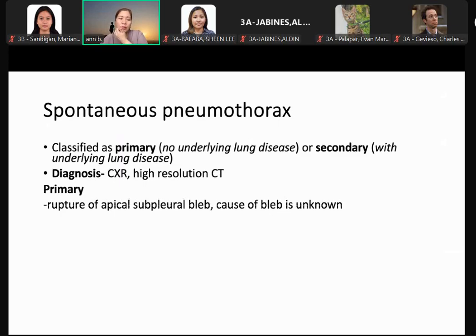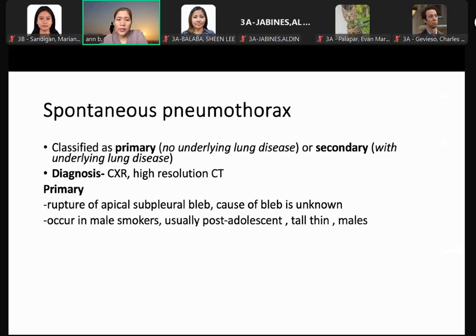So primary, this is caused by the rupture of an apical or subpleural bleb, in which the cause of the bleb is unknown. Again, it occurs in male smokers, post-adolescent, tall, thin males.